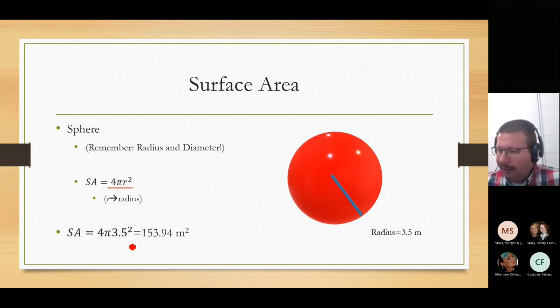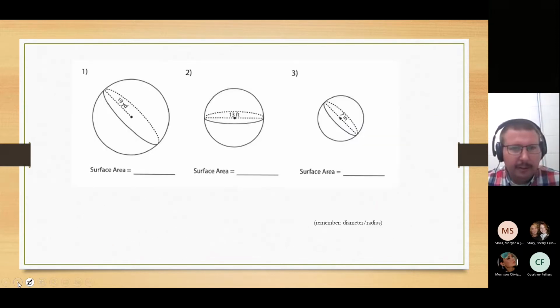And just be aware that if I've given you diameter, you still have to half it because the formula asks for radius. So here are 3 questions regarding surface area of a sphere. Number 1, I've given you the radius, but 2 and 3, I've given you the diameter.